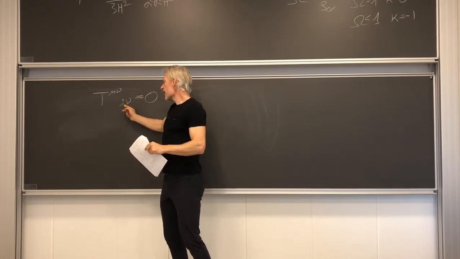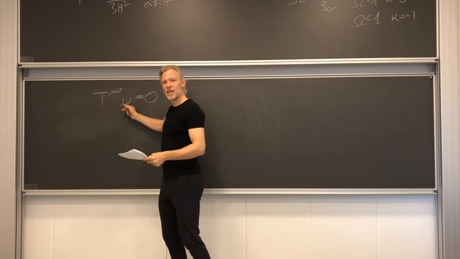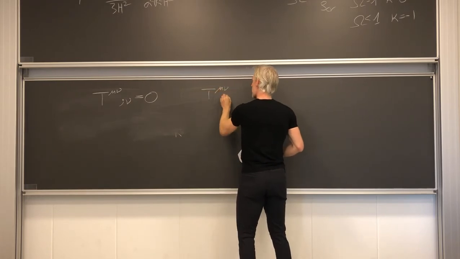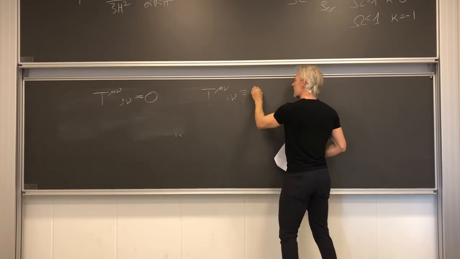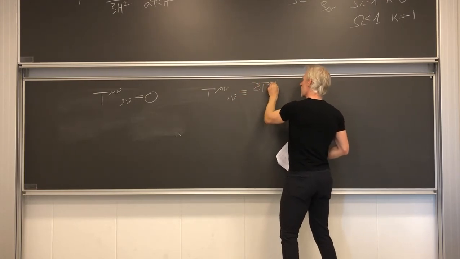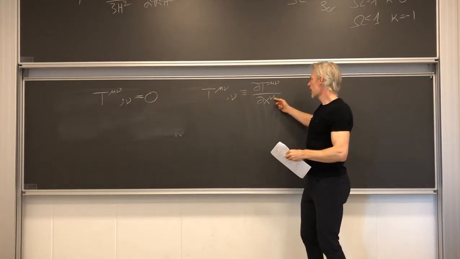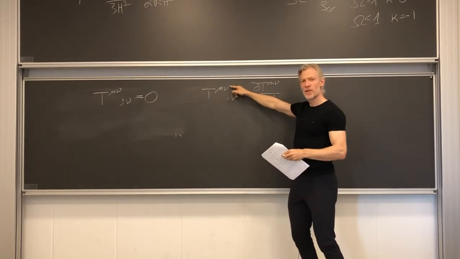So in GR, one normally uses either a comma or a semicolon to denominate derivatives. So for example, if I were to write something like this and then comma nu, that simply implies I take the partial derivative with respect to coordinate nu. And of course now I have an upper and a lower index here, which means I must sum over them, right?